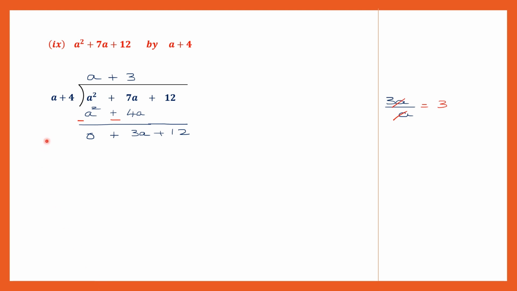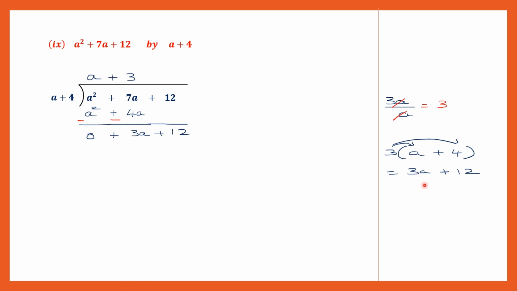Then just like we did for the previous one, we're going to multiply this with both the terms in the divisor. So let's do that separately here. So that will be 3 into a plus 4. So 3 into a is 3a, and then you multiply 3 into plus 4, plus 12. So we have 3a plus 12.